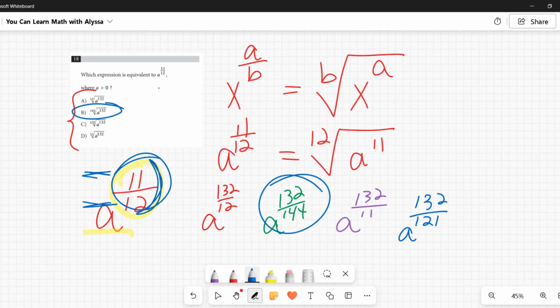Now, I did not say that first because that's how you could solve this problem, but it's not how you're going to solve every problem like this. I have seen this type of problem before where they have a fractional exponent and then a bunch of roots that are not direct correlations with it, that you have to change, that you have to multiply that fraction by something to get to that root.